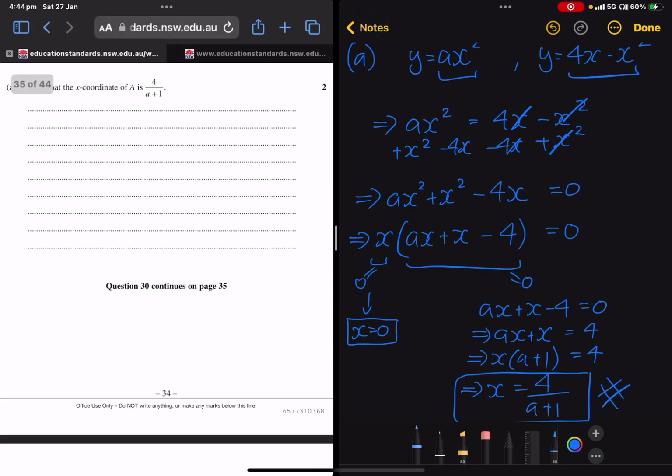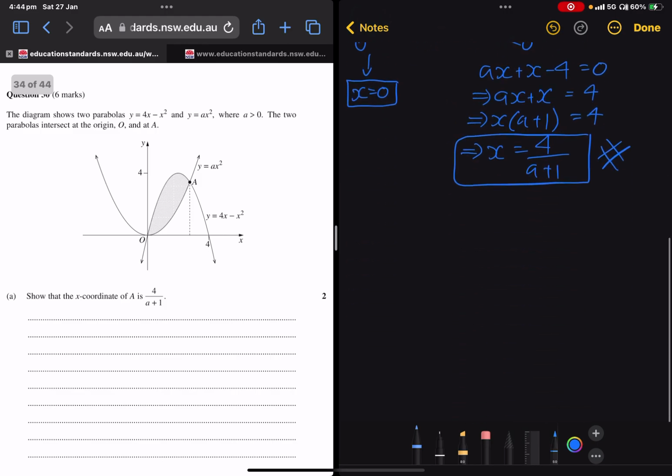Okay, so we essentially need the area to be 16 on 3. So the way we're going to find this is we're going to do an integral. So this is part b, we're going to say the integral from 0 to 4 on a plus 1. So the integral starts at the origin, then goes up to the x-coordinate of A, because that's the area.